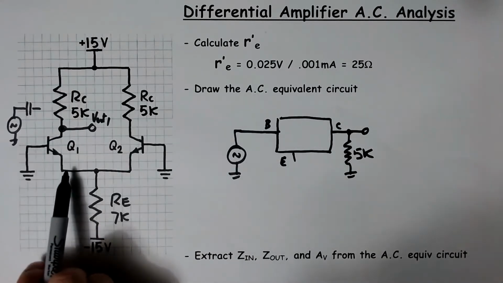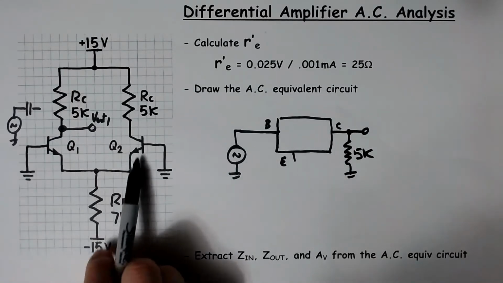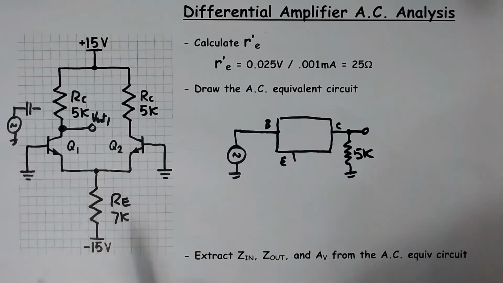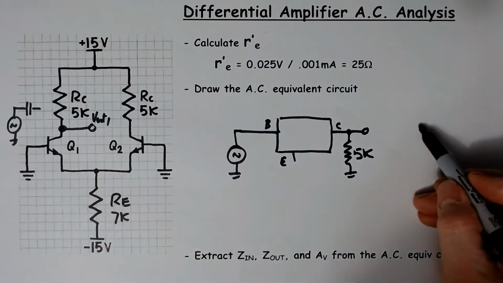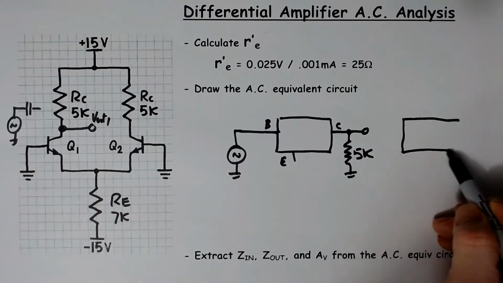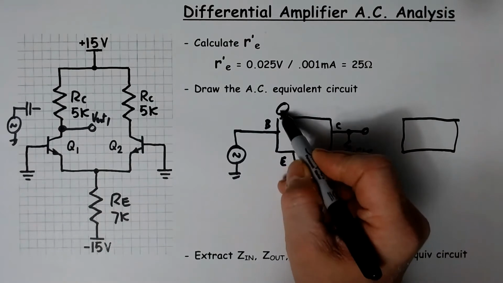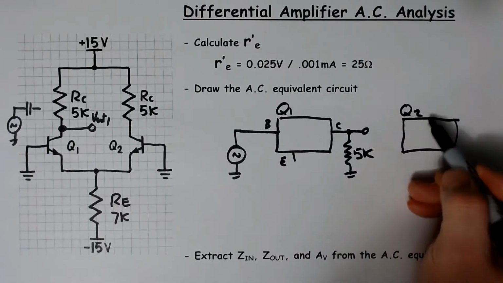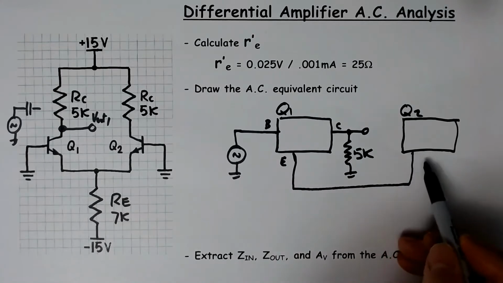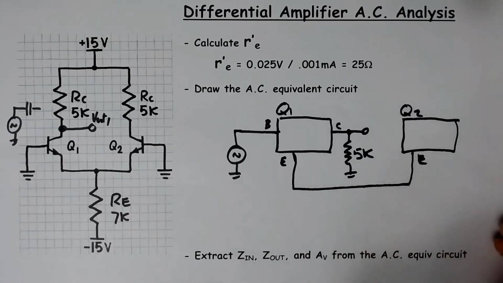Let's go this way now, and let's take a look at this line. We can see that the emitter of this transistor gets connected to the emitter of the next transistor. So we can do that over here. Let's put another box down for the other transistor. We'll call this one Q1. This one will be Q2. And we can connect these two by their emitters with a piece of wire.